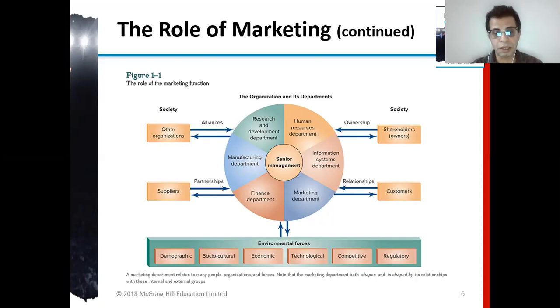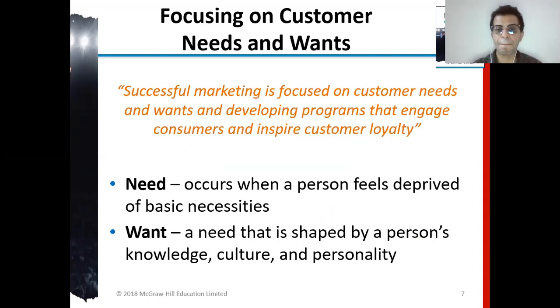He needs to understand the competition so he can differentiate his company and product from the competitor. And he cannot go outside the regulations and cannot promote something that is misleading. So these are things that a marketing department usually deals with on a daily basis.